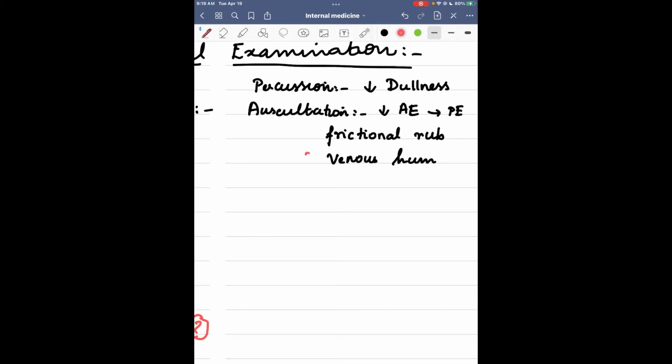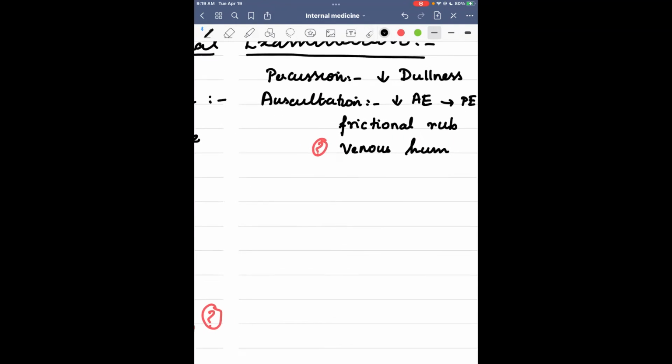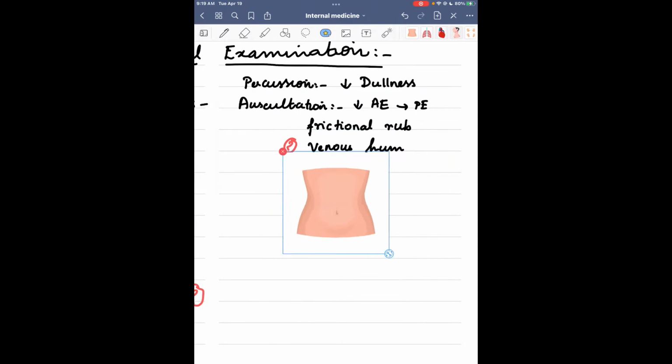I will be covering this again when we go through the abdominal examination, and I have a question there for clarification as well. So this is regarding the chest examination, and now we're going to examine the abdomen.